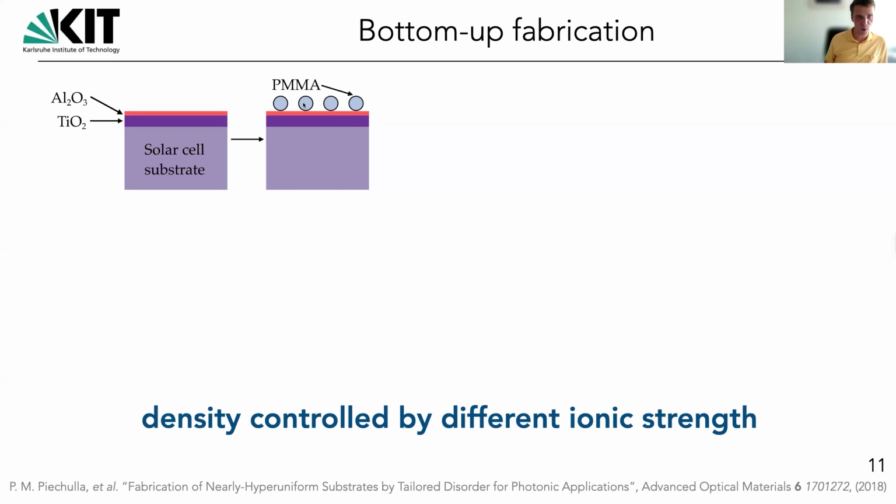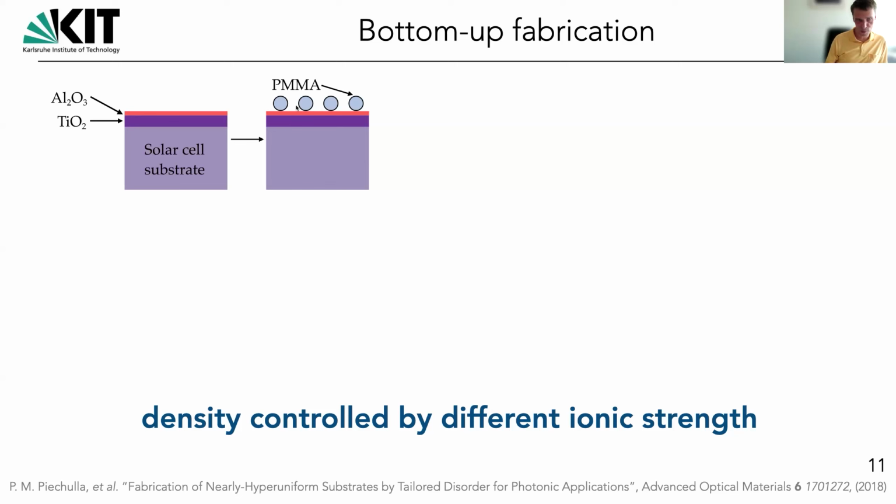Moreover, because the spheres have the same charge, they repel each other, which avoids agglomeration of the spheres on the surface. The density at which the PMMA spheres are deposited can be controlled by the ionic strength of the liquid they are in, which is a single parameter that ends up controlling many properties of the self-assembled scattering structures that we are going to end up with.